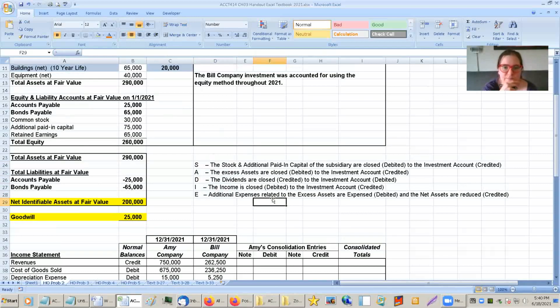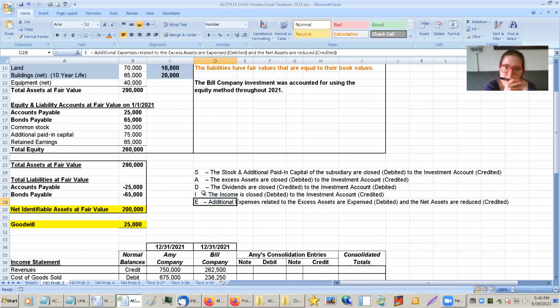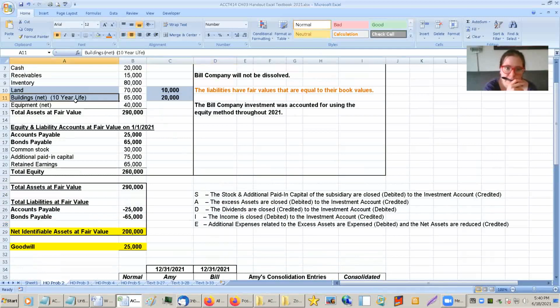So this is what we're going to do. We're going to do the stock and assets, just like we did before. Those are the same. And then these are all the new ones. That's closing the dividends and the income and anything else, plus the additional expenses, because this building we put on the books for an additional 20,000.